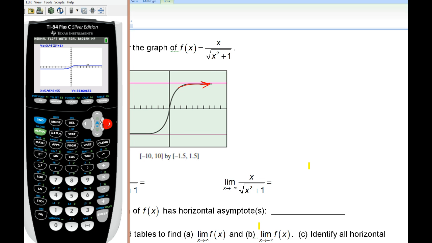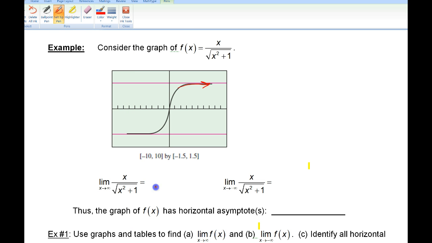You could also go to the table and just plug in some numbers, but to the right, it's definitely going to be equal to 1. Now from the left, approaching negative infinity is going to approach negative 1. Most of the rational functions I would only give you one horizontal asymptote, but you could have two.